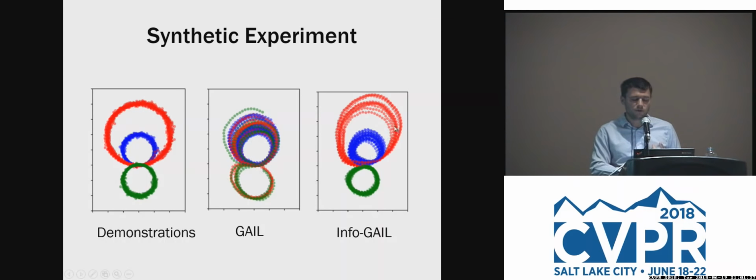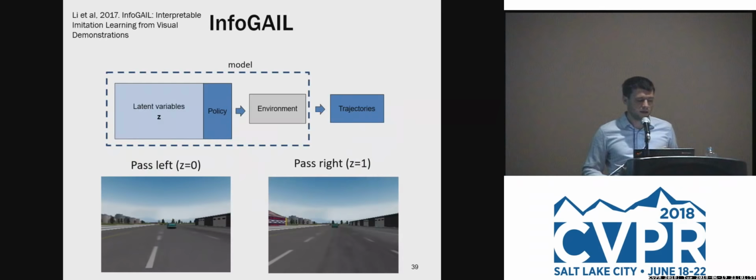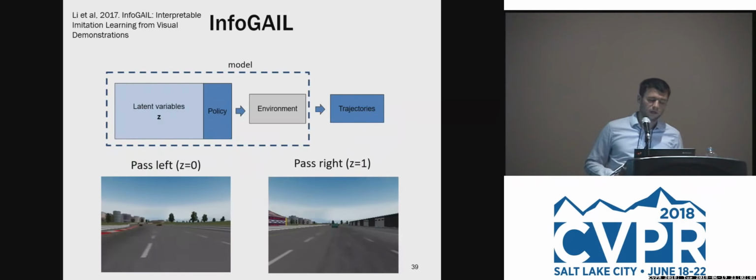If you add the mutual information term, then it discovers the variation in the data, and by changing this latent variable, you can force the demonstrations to be either the red one, or the blue one, or the green one. So you're teasing apart the variation and identifying it using this latent variable. Now, this is a synthetic experiment. A more interesting one is on the driving simulator we had before.